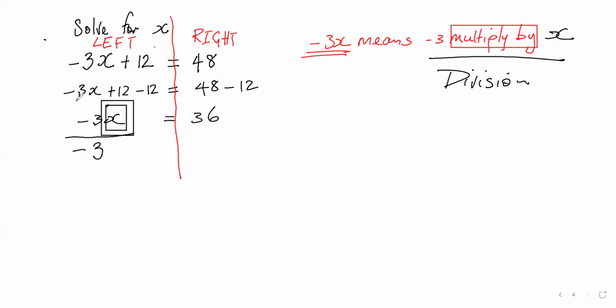I have to get rid of this, and it's not 3. It's negative 3. So I have to divide by negative 3. Whatever I do on the left-hand side, I must do on the right-hand side.